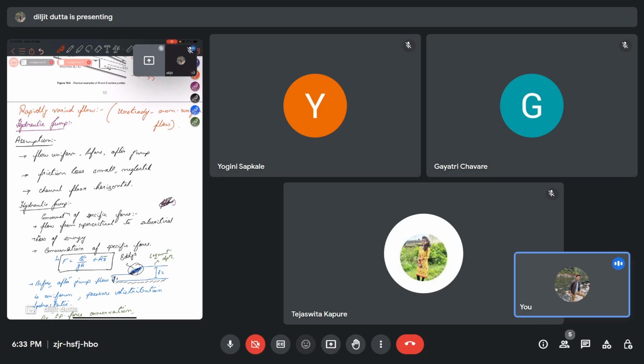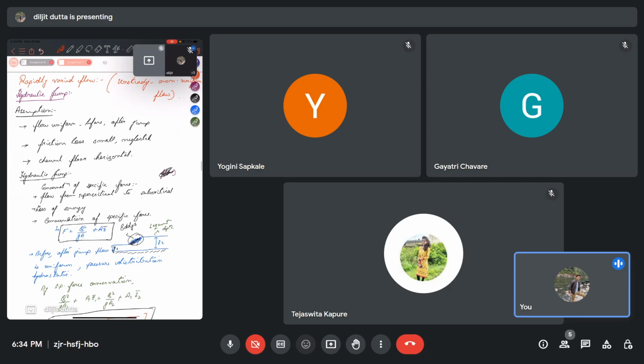So the assumptions in a hydraulic jump are that, in the upstream and in the downstream section, the flow is uniform. There is no rapid change of flow in the upstream and downstream sections, and the friction losses in the hydraulic jump are extremely small, or can be neglected, since the hydraulic jump occurs over a very small distance. And thirdly, the channel will be considered as horizontal.